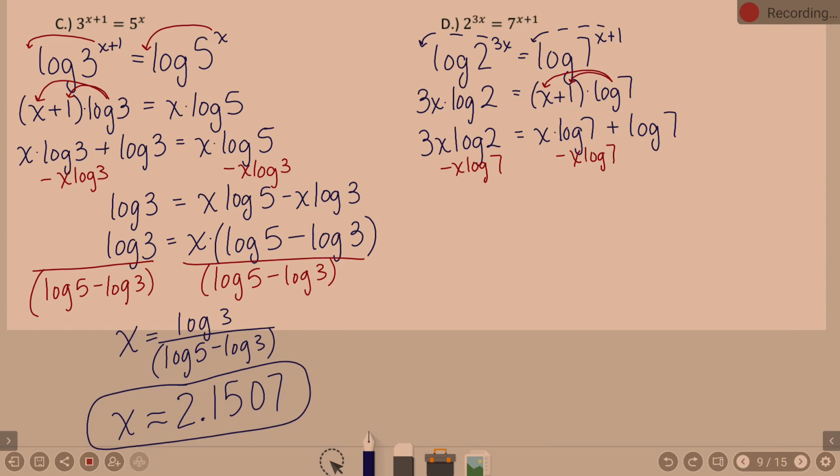On the left, I have 3x log 2 minus x log 7 equal to log 7.